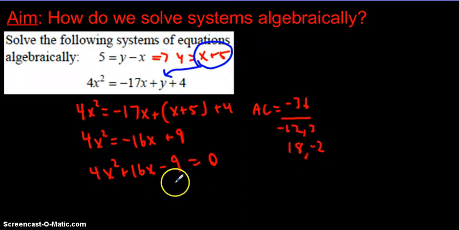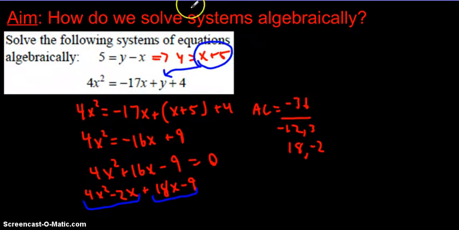So that'll become 4x squared minus 2x plus 18x minus 9. So these are our groupings. That's equal to 0. Can't just make things disappear. So that's 4x times x.